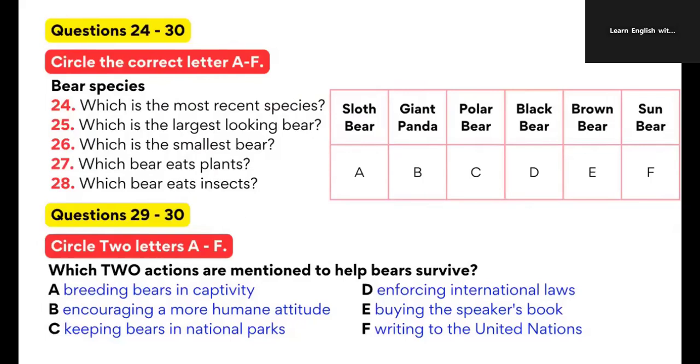Listen carefully and answer questions 24 to 30.